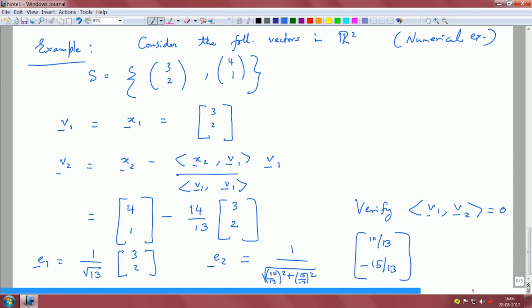Okay. So, this is basically completion of the Gram-Schmidt orthogonalization procedure.